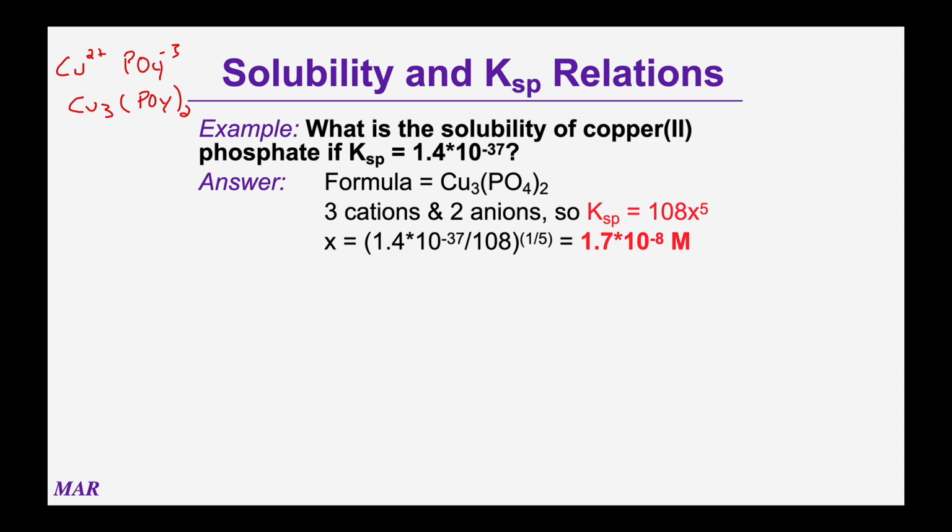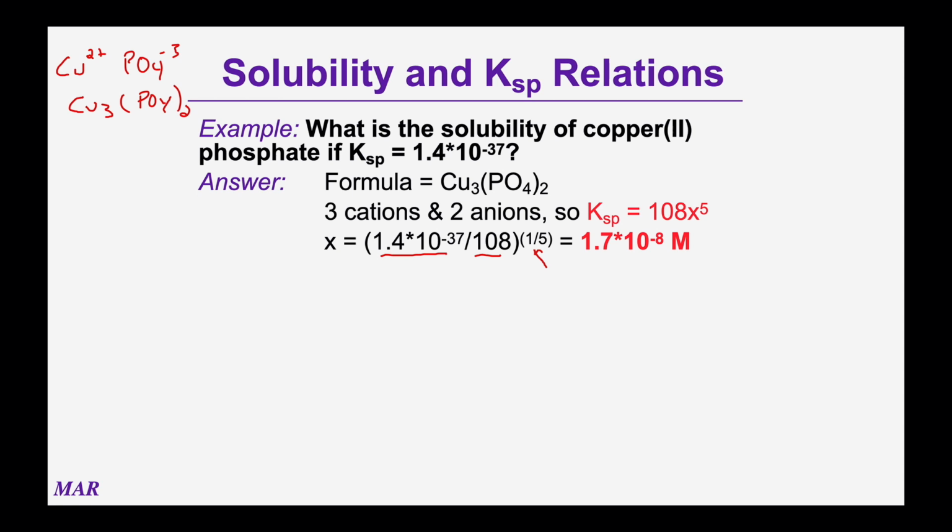In your calculator, this can get kind of messy, but it's actually pretty easy to plug and chug once you see it. Here's the KSP. We're dividing it first by 108. And to get rid of that x to the fifth, you raise it to the 1/5 power. Just like 2 squared is 4, and the square root of 4 is 2, and the square root is like 1/2. So x to the fifth, the opposite of that, if you will, would be 1/5. All right, that's where that comes from.